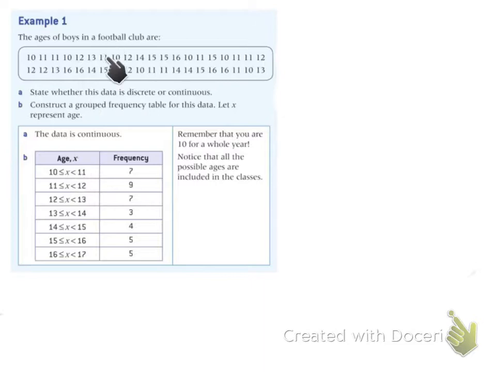I can go up here in this data table and say there are 7 of them. Notice that they're saying 10 is included in this group, 11 is not, but 11 is included in the next group. There's no overlap. Notice that we're dealing with 10s, 11s, 12s, 13s, 14s, 15s, and 16s. They don't have 17s, they don't have 9s, they're not including them. So that's why they get their frequencies here.